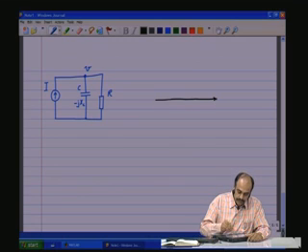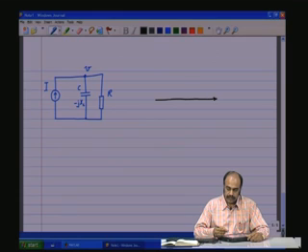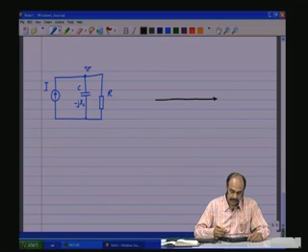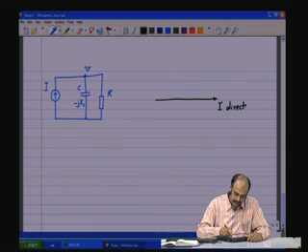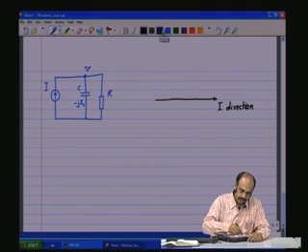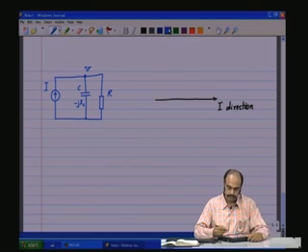Now, this is the horizontal axis. We can of course decide what reference we would like to have. Now, let us say we take the reference here as the current. Let us take the reference here as the current direction, that is I direction. Okay.